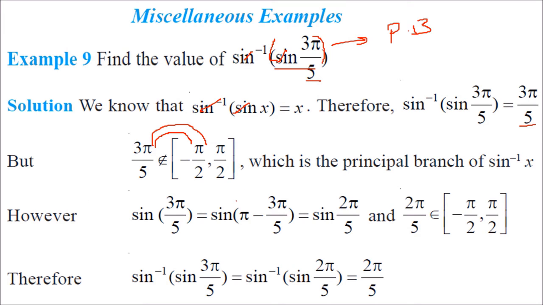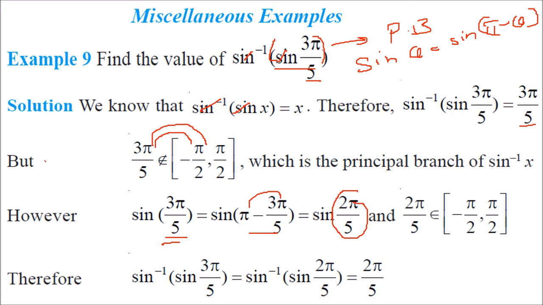For that, what will we do? We know that sine theta is equal to sine of pi minus theta. What we are going to do here is write 3 pi by 5 as pi minus 3 pi by 5, because these two are equal. So pi minus 3 pi by 5 is actually equal to 2 pi by 5. If you see pi minus 3 pi by 5, it will be 5 pi minus 3 pi by 5.